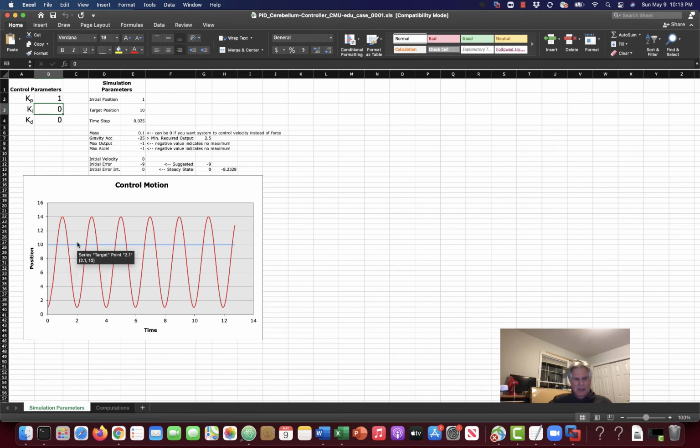It comes back, to here, and it just sits there and oscillates back and forth. Some people will call this hunting. The system is hunting for a solution. So here's an example where without integral or differential control, this system is not going to be stable. It's not going to converge on an answer.